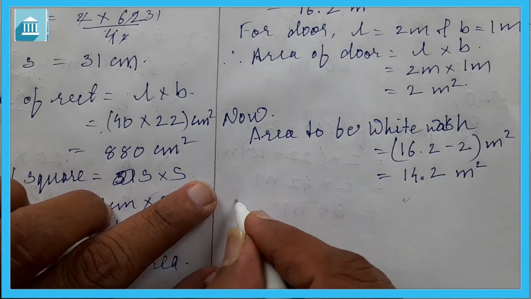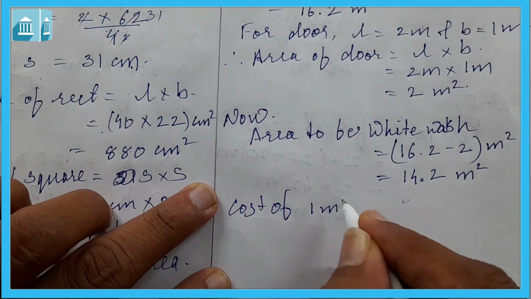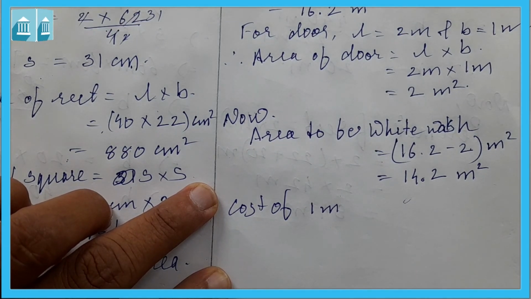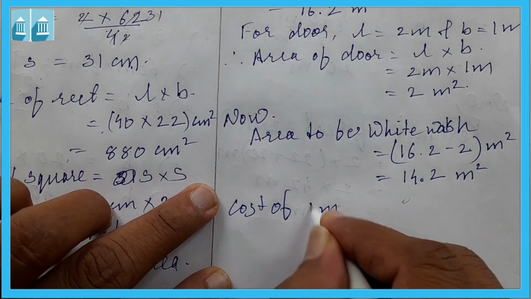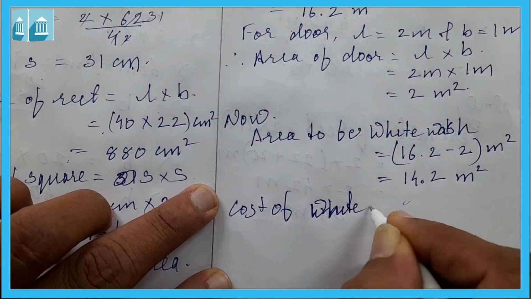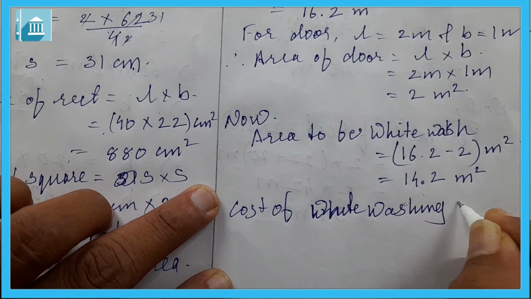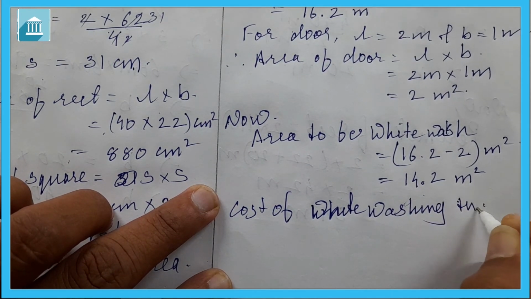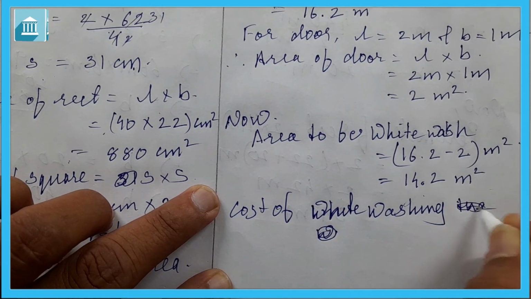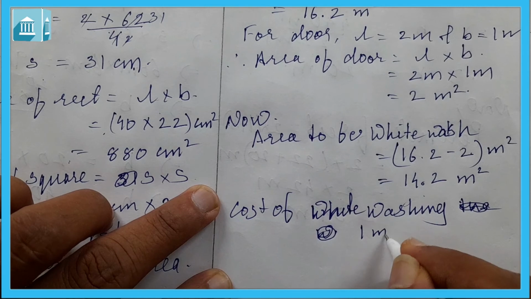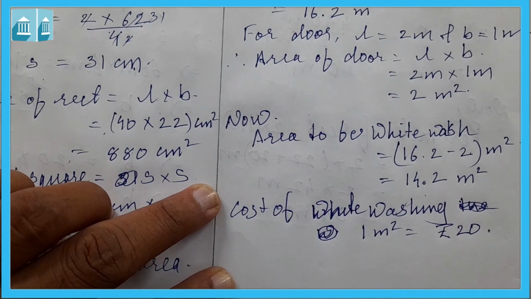Now cost of 1 meter square. It is given that the cost of whitewashing the wall, whitewashing 1 meter square is equal to rupees 20.